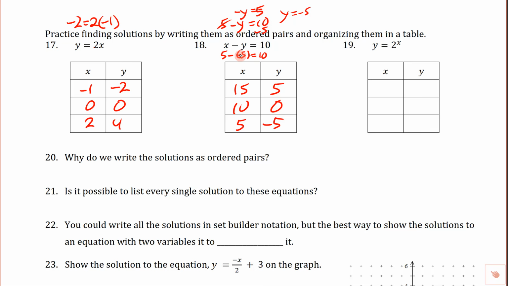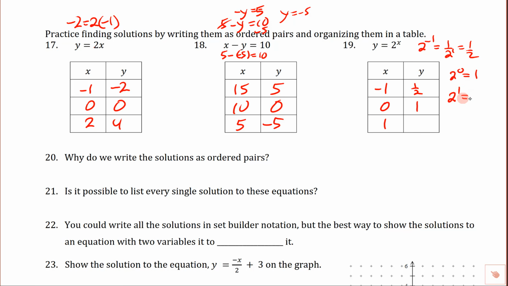And then let's do the same thing we did over here. Let's use some nice numbers. So I'm going to pick negative 1 and 0 and 1 because those are pretty easy to plug in. So if I did 2 to the negative 1, remember those properties of exponents, those are going to come up again. So that would just be a 1/2. If I plug in a 0, 2 to the 0, remember any number to the 0 power is a 1.